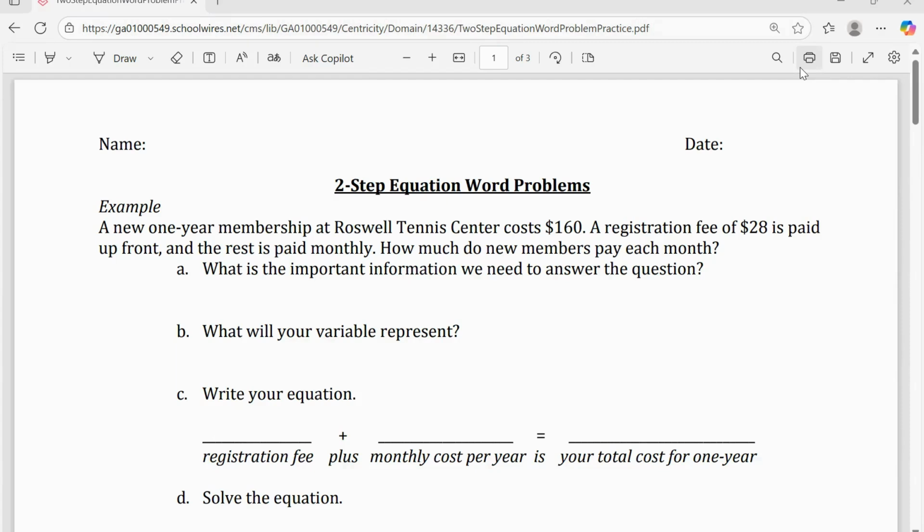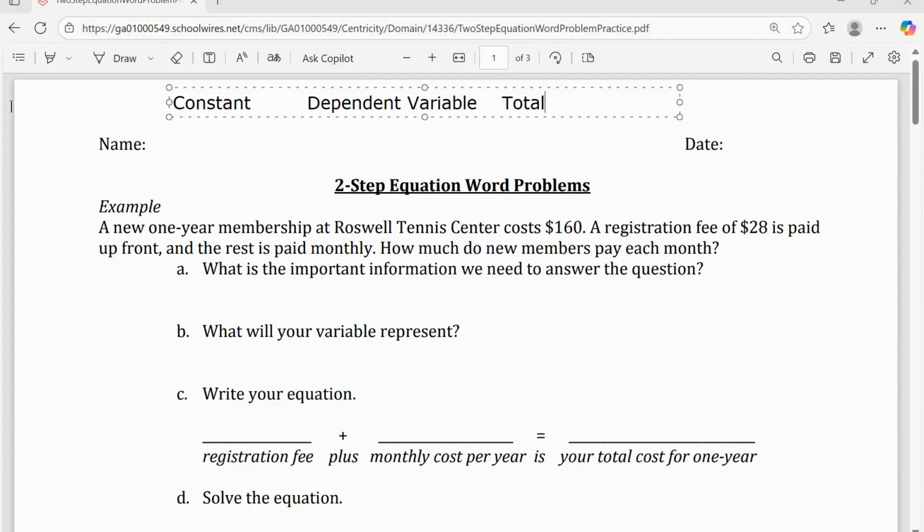All right, so when we are dealing with two-step equation word problems, or what's also known as linear equation word problems, there are three things that we want to try to identify. And that's our constant, our dependent variable, and we also want to identify our total.